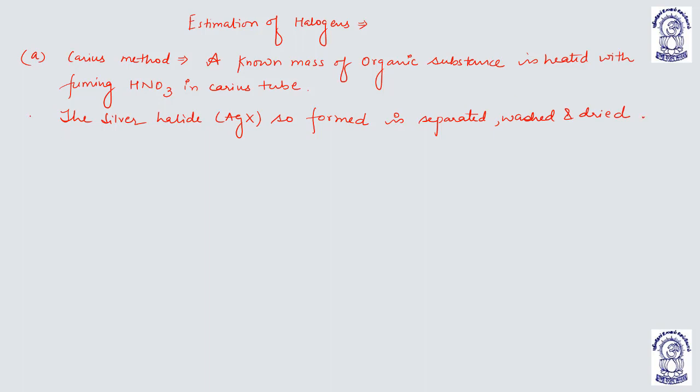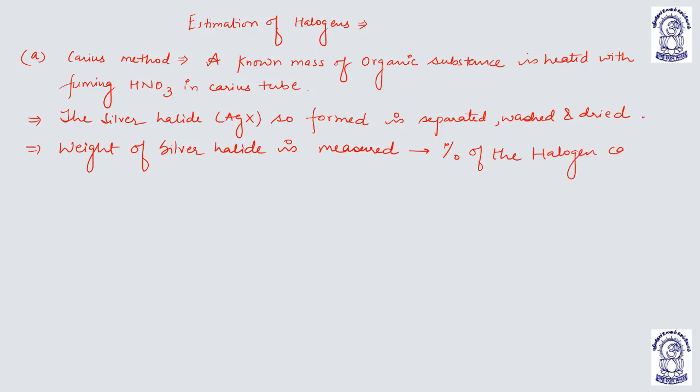The weight of the silver halide is measured, which gives the percentage of halogen. The percentage of halogen can be calculated as follows.